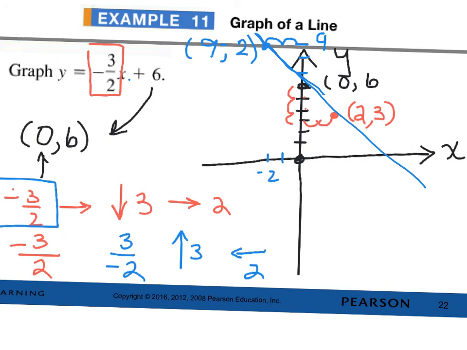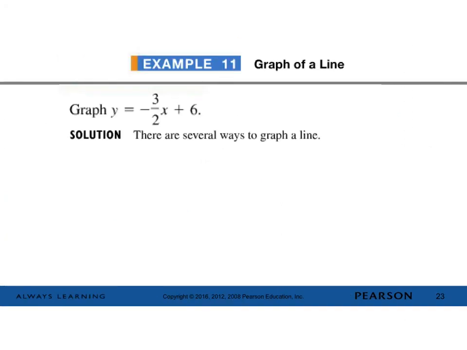So this is the line y equals -3/2 x plus 6. Now, despite that being a very sloppy explanation, I'm going to point out to you there's several ways to graph a line.